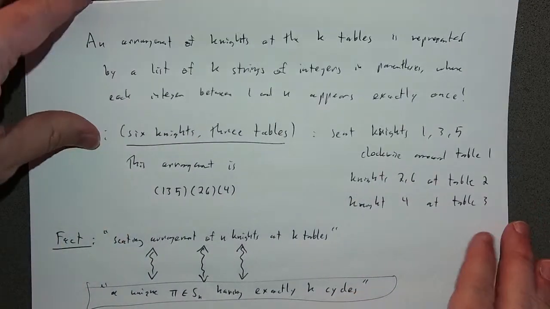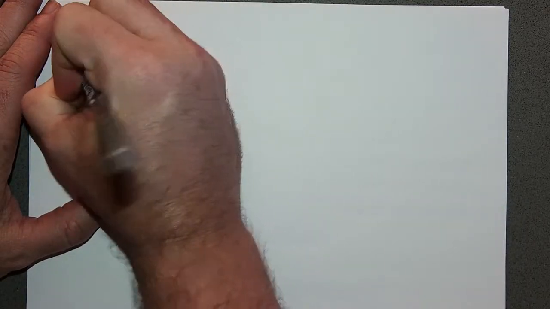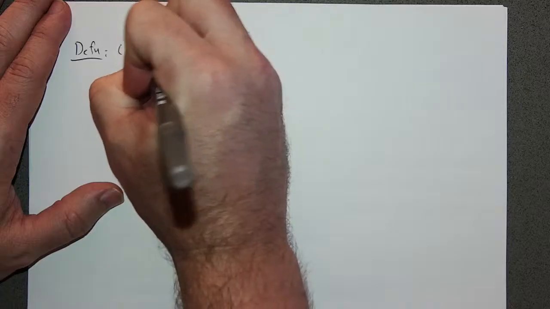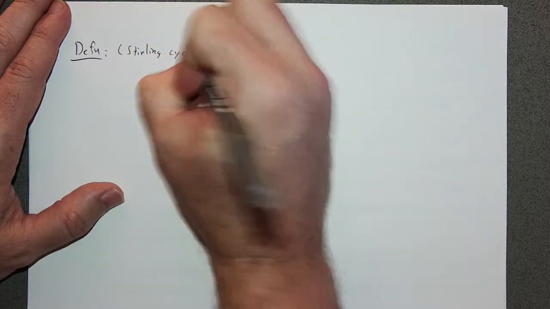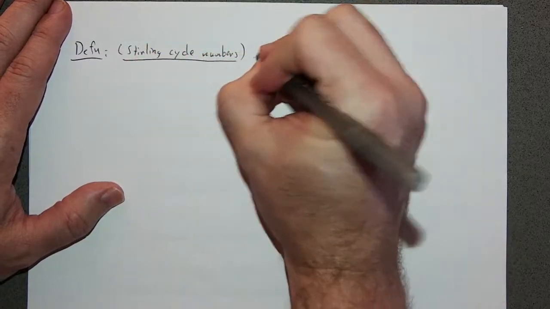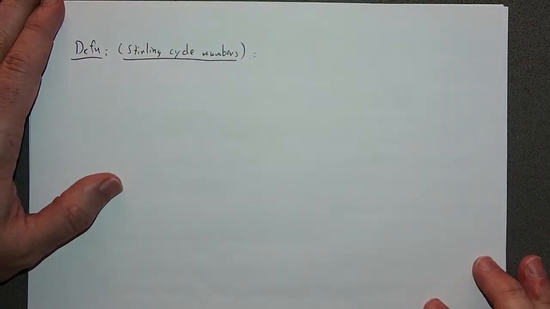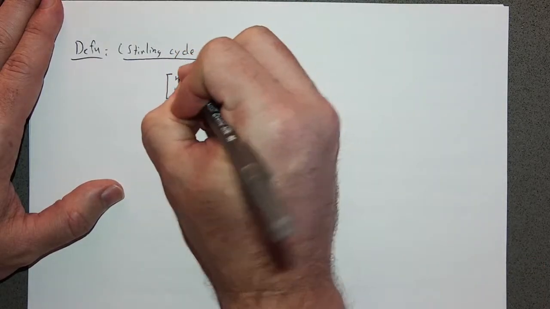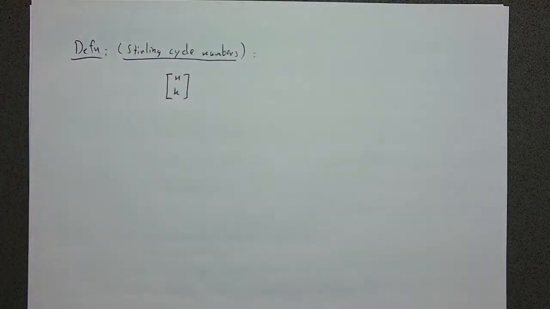And so this gives us a characterization of these sorts of numbers. So, definition. These are called the Stirling cycle numbers, or Stirling numbers of the first kind. This is the notation we use, like the notation for a binomial coefficient, except we're using square brackets instead of big parentheses.